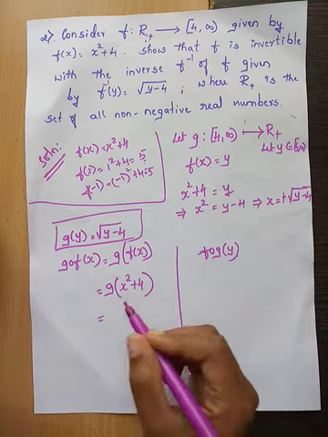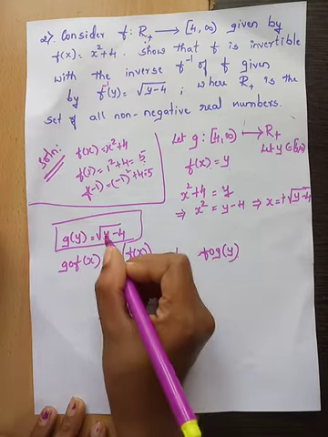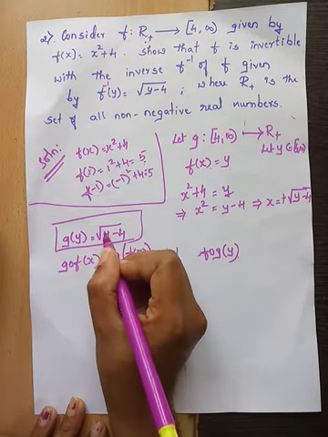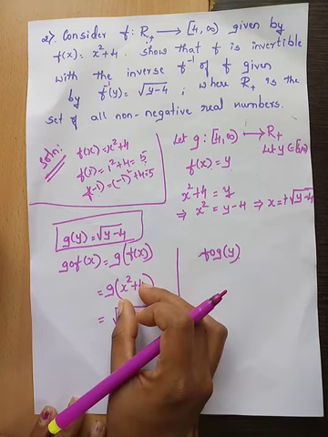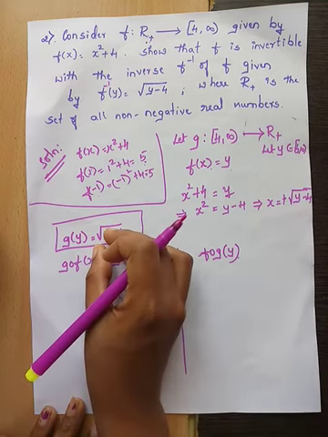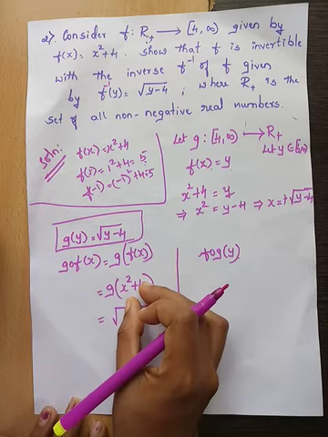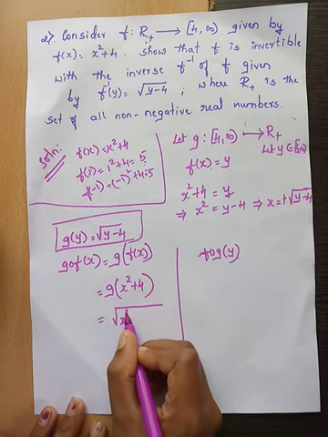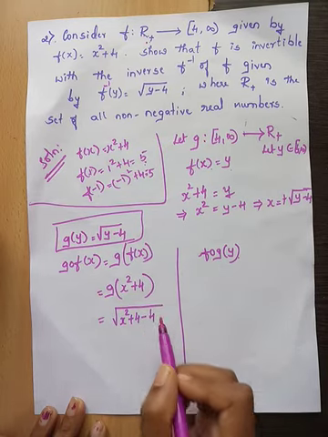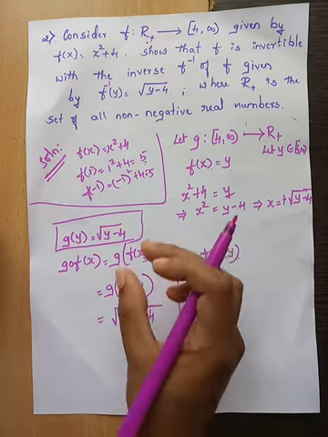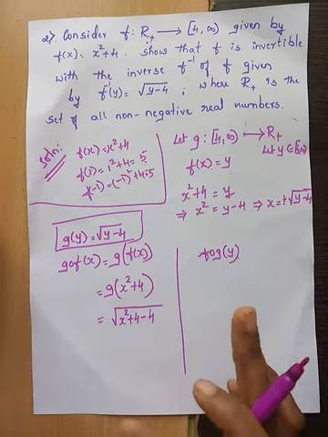So, that becomes square root of, see, g of y is square root of y minus 4. Here it is g of, instead of y, there is x square plus 4. So, that becomes x square plus 4 minus 4. This minus 4 I have written as it is. I just replaced y by the given term x square plus 4.